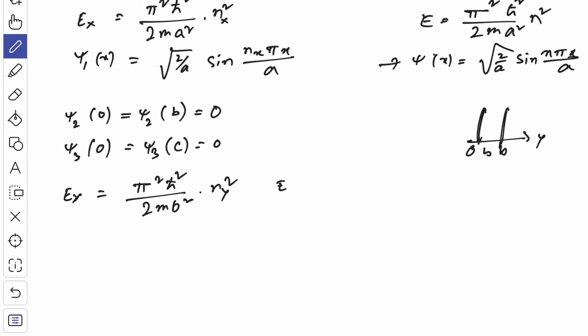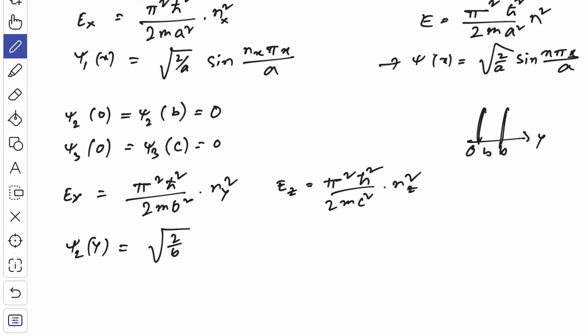And the z component will be Ez equal to pi square h cut square by twice m c square into nz square, and the normalized wave functions will be psi 2 of y equal to root over 2 by b sine ny pi y by b, that's what we will get.